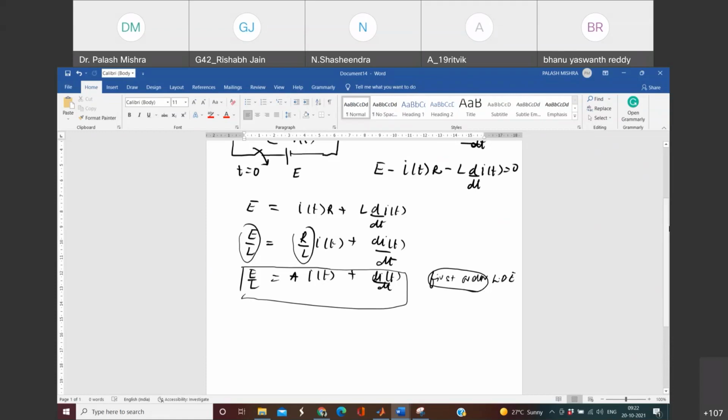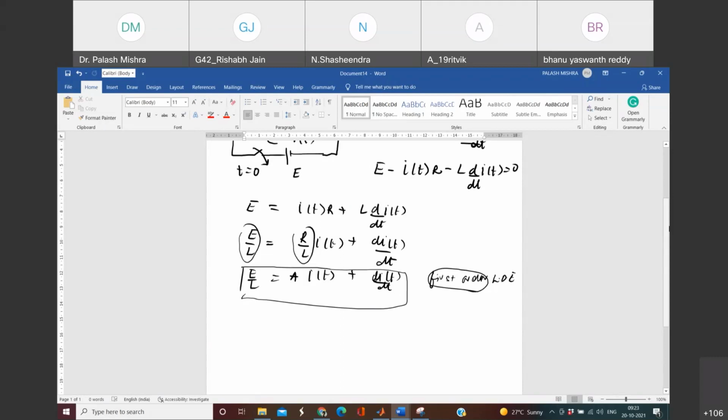In circuit analysis, all the equations formed in the complete circuit will be linear differential equations. It will be first order if there is only one energy storing element, and if two energy storing elements are involved, it will be second order. So the equation will be first or second order depending on how many energy storing elements, meaning L and C, not the battery, are in the circuit.